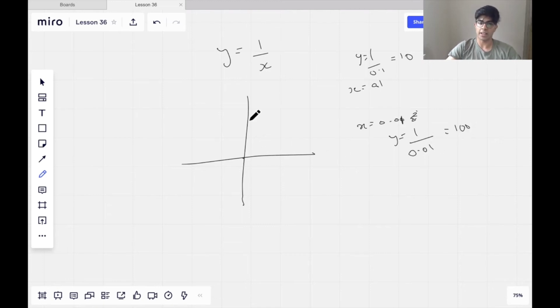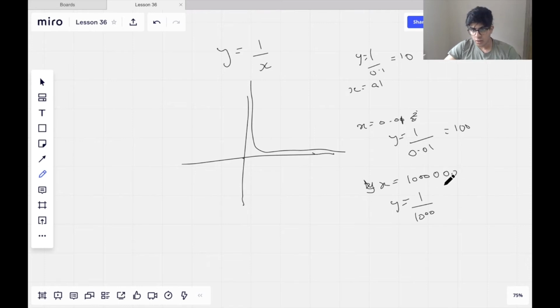So the smaller the x, the larger the y, and as x tends to 0, y will tend to infinity. Then as we divide by larger and larger numbers, it tends to 0 again. If x is 1000, y equals 1 over 1000, and if x is a million, then y is 1 over 1,000,000. So the larger the x, the smaller the y. That's why you have something like this.